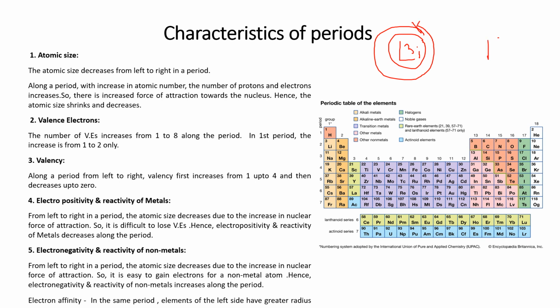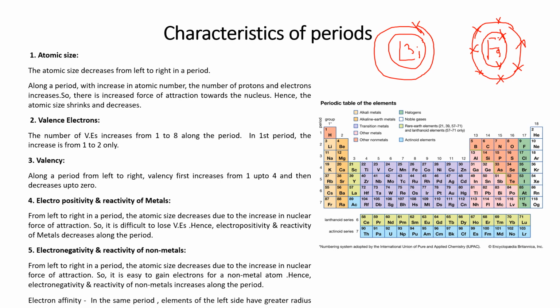And for fluorine, it has 9 protons, but its outer shell has 7 electrons, and it has 9 electrons in total. The attraction between 9 protons and electrons is more than in lithium, because lithium has 3 protons and 3 electrons, so the attraction will increase for fluorine.